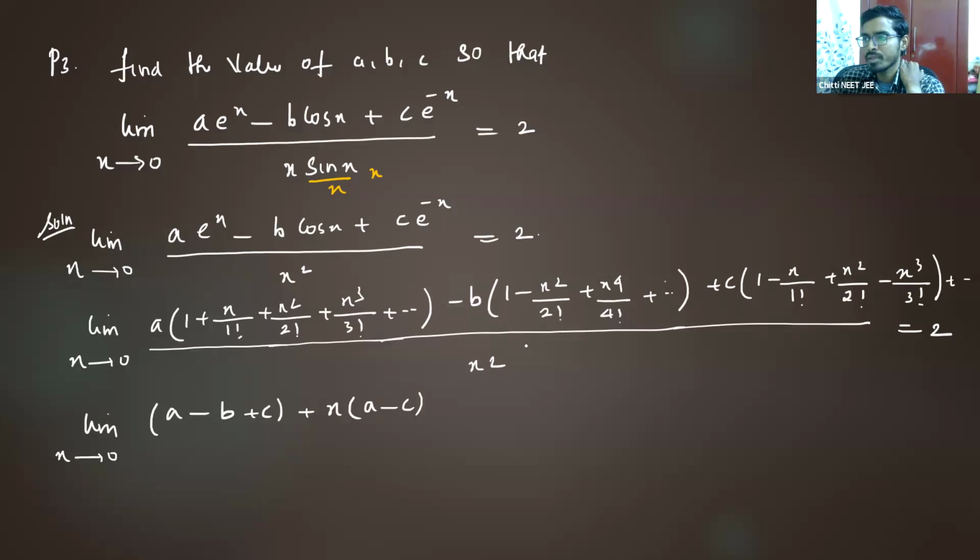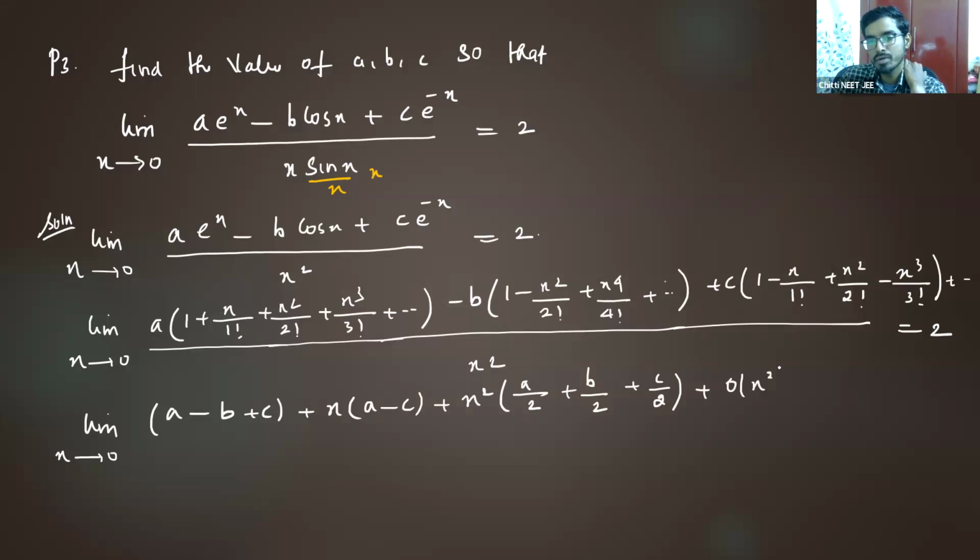I'm just collecting all the like terms. Now you collect all the x square terms. Here the x square term is a by 2, here plus b by 2, and here plus c by 2. I don't need any terms other than this because the denominator is x square.